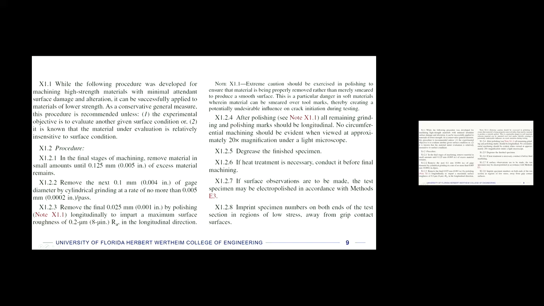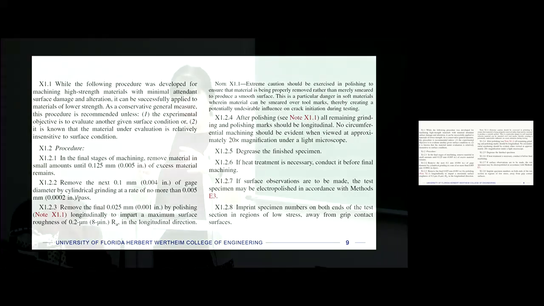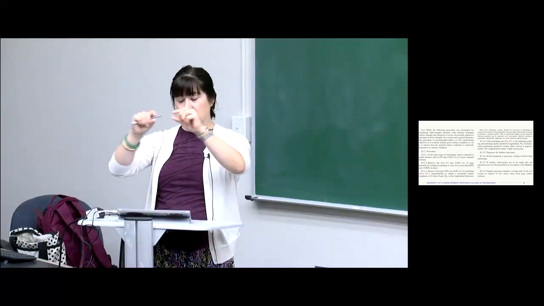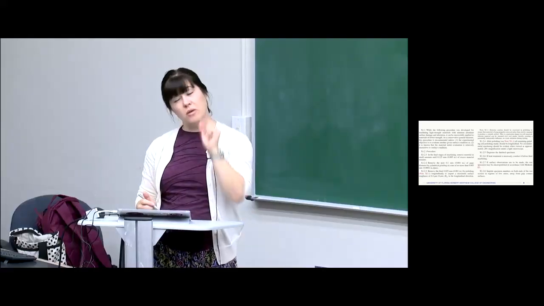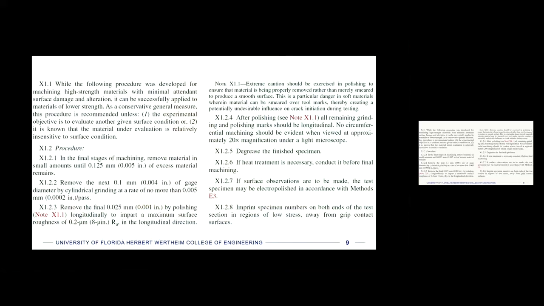And then in the final stages of machining, remove material in small amounts until some amount of excess material remains. So we machine the whole thing down until we leave it a little bit bigger than we want our final dimensions to be, and it tells you how much to leave on there. Then remove that retained layer by grinding, cylindrical grinding.